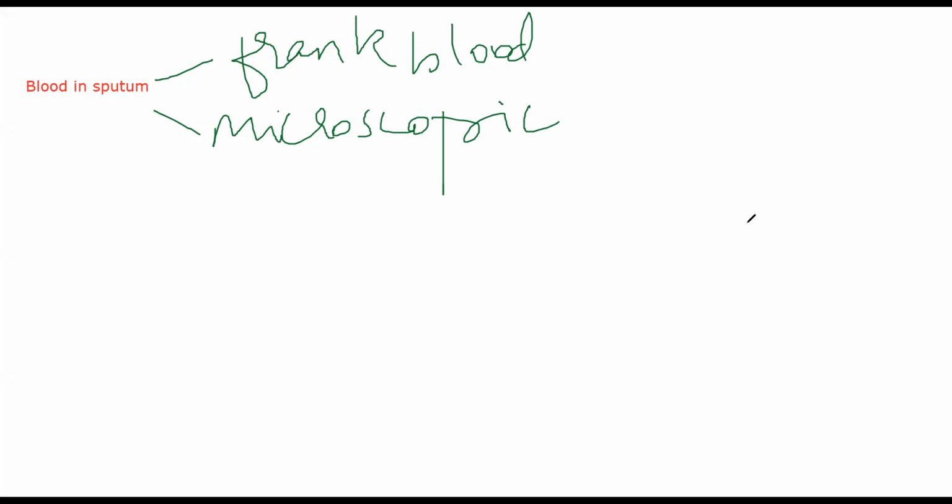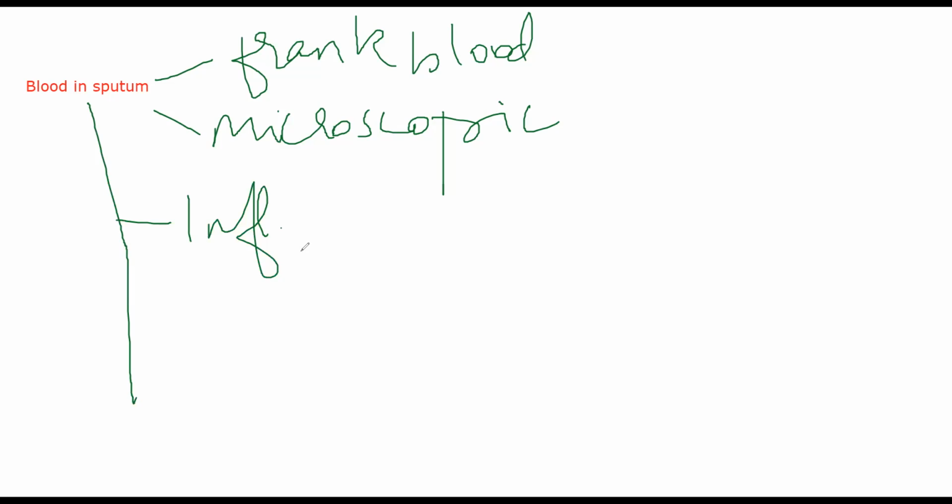Now, you'll see blood in sputum in three main conditions. You can see it in any inflammatory condition like bronchitis, TB, pneumonia, especially pneumonia due to Klebsiella pneumoniae. ठीक है, या फिर the patient is having septic pulmonary embolism. There is cystic fibrosis, lung abscesses हो रहे.